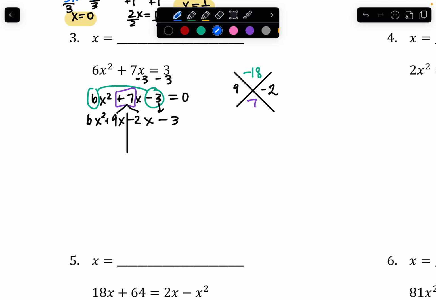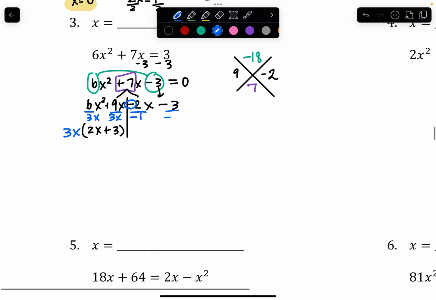Okay, and now factor 2 at a time. Out of the first pair, I can get a 3 and an x. And so that leaves 2x plus 3. Out of the second pair, since this term is negative, my GCF is negative, and we can't get anything else. And so -1, when you can't get any other number, it's automatically a 1.